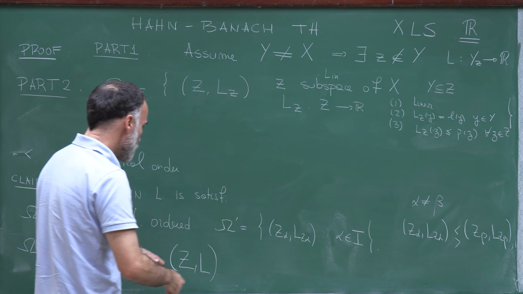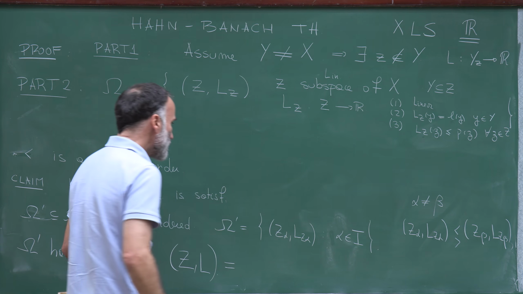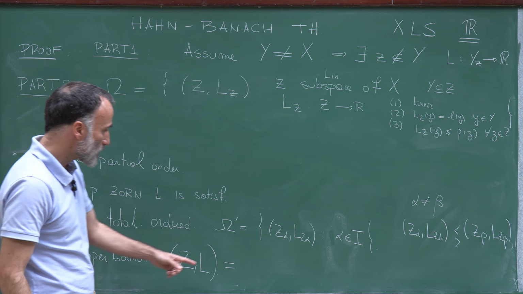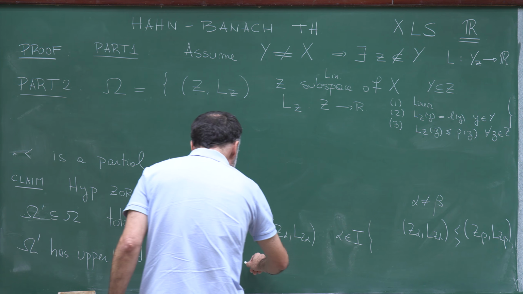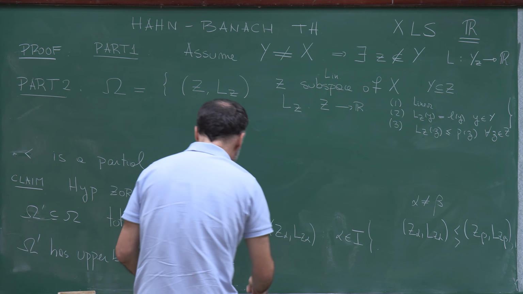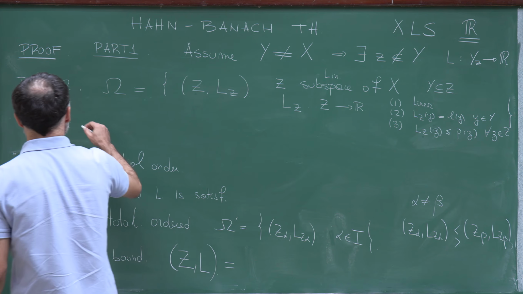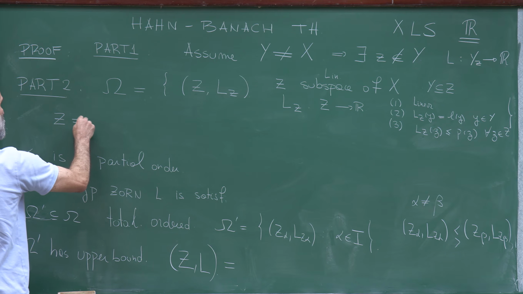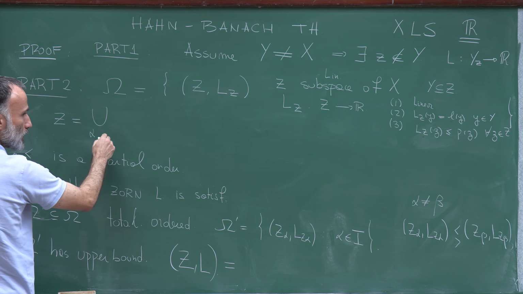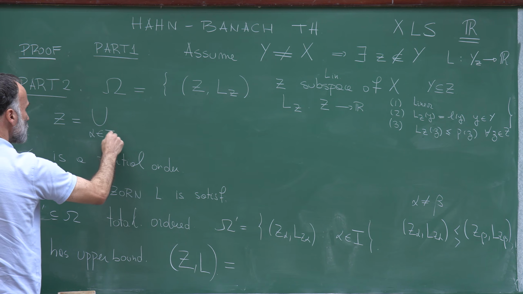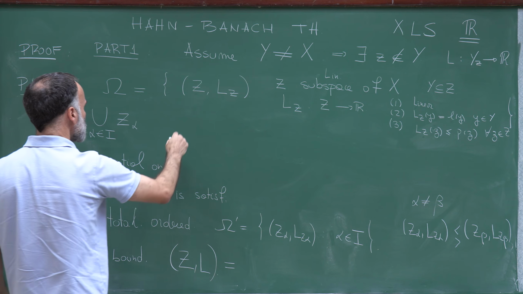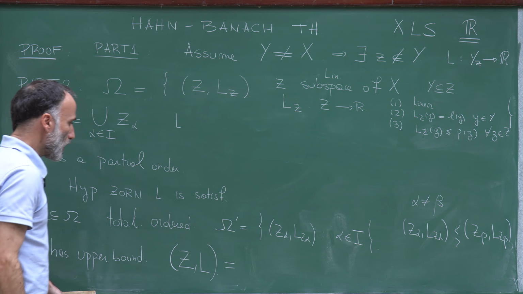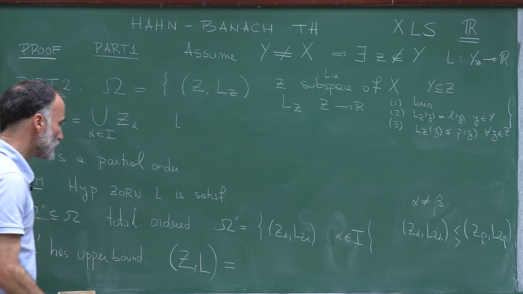So what is the linear space? I'll take just the union of all Z alpha. So Z will be the union for alpha in I of Z alpha. And L, well, I will define L in the following way.